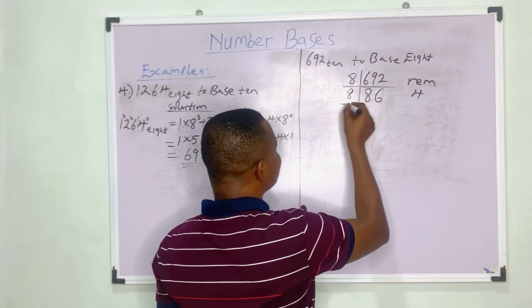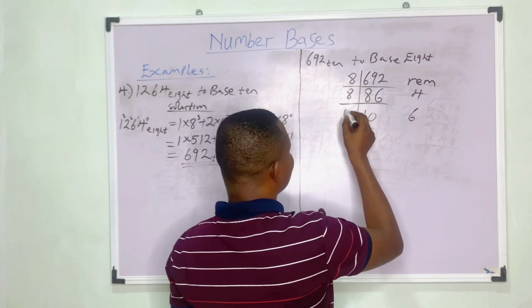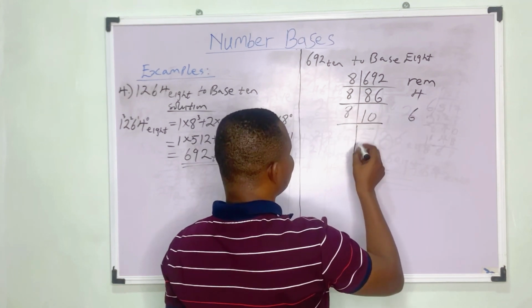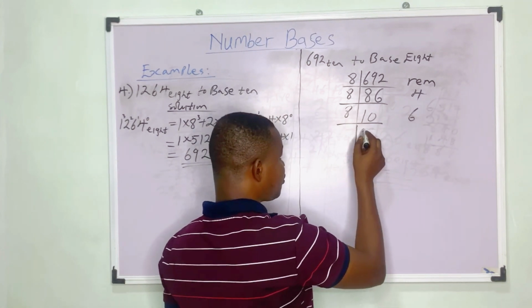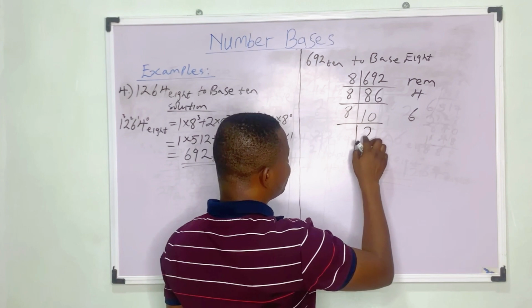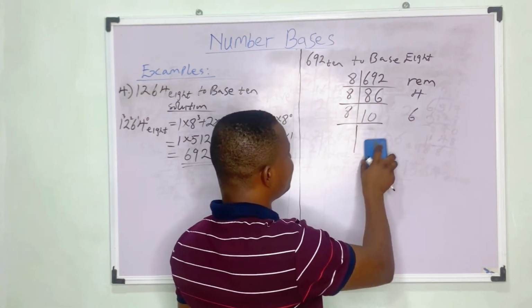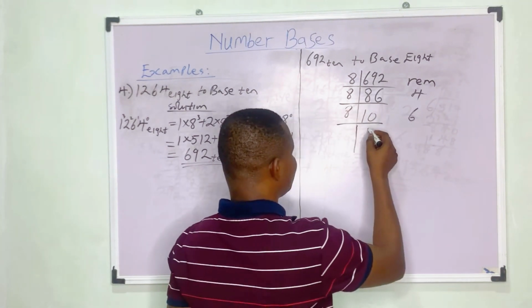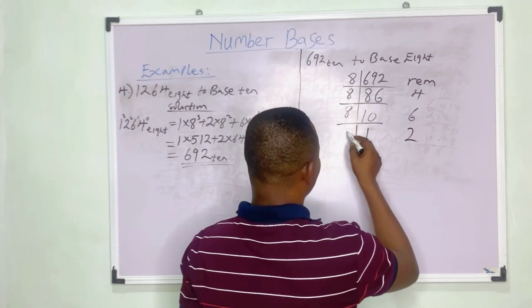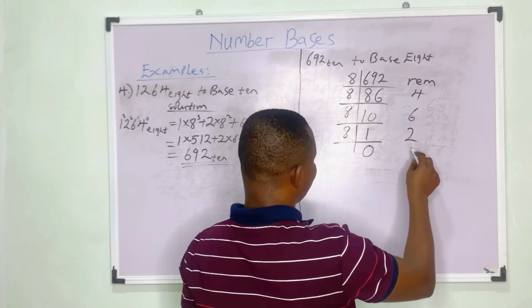Then 6 divided by 8 is not possible, we have 0 and remainder 6. Then 86 divided by 8, we have 10, and remainder 6. Then 10 divided by 8, we have 1, remainder 2. And 1 divided by 8 is not possible. That is 0. Then we have remainder 1.